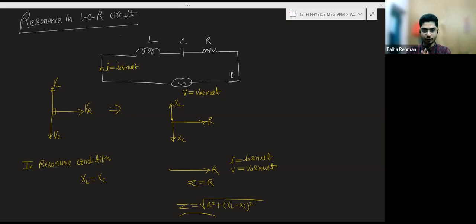Nida, if you don't know how to draw the phasor diagram, what is XL, what is XC, all these concepts, if you are not getting, then you can go to the previous lecture or recorded lecture of mine. Because if I explain those things right now, then it will take one more lecture.